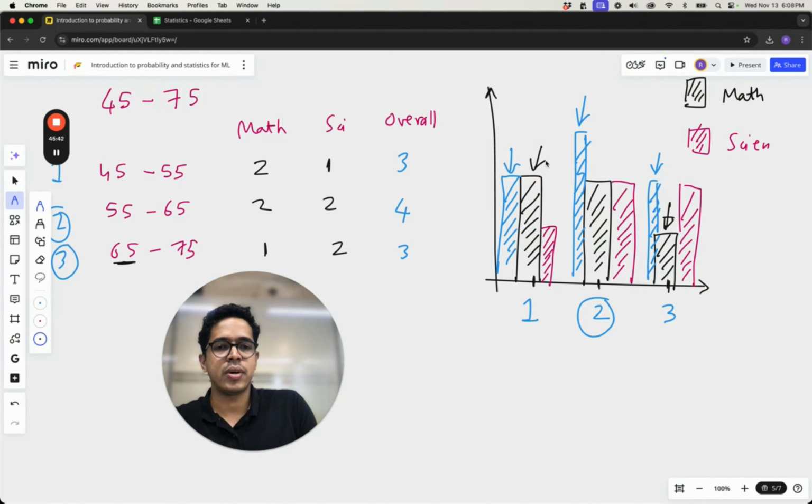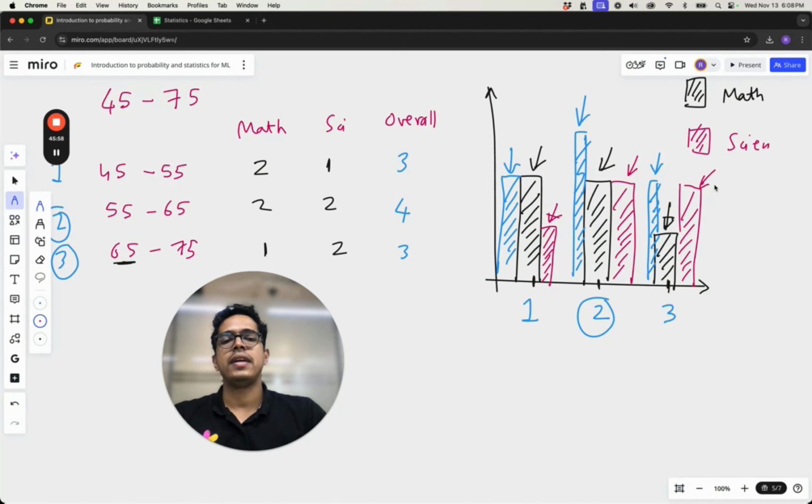There are more students who are either scoring too low or somewhere in the middle. But when it comes to science, very low scorers are fewer, as you can see here. There are a good number of medium range scorers and a good number of high scorers. So these are the ways in which you can get meaningful insights from a data set.